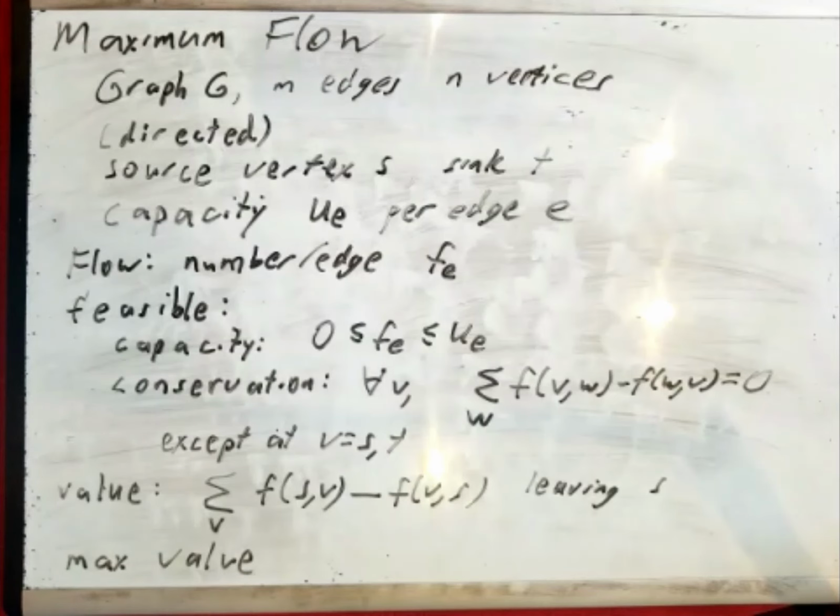Okay, so you'll notice that for that sort of water example, the capacities and the flow values are probably going to be given in some rates, like gallons per second or something like that. But in the end, they're just numbers, and you can add them up and subtract them the way that I'm doing here. Okay, so are there any questions about this problem definition?